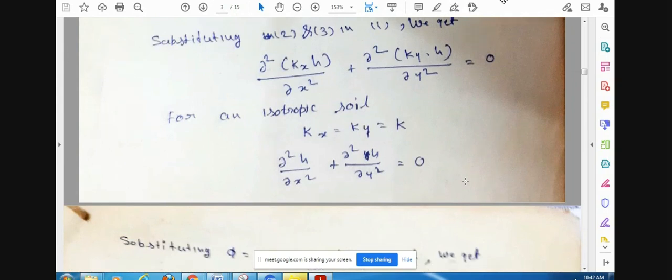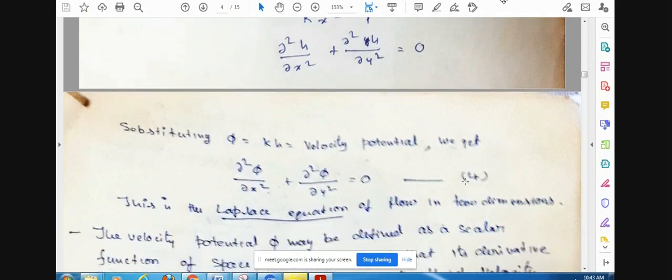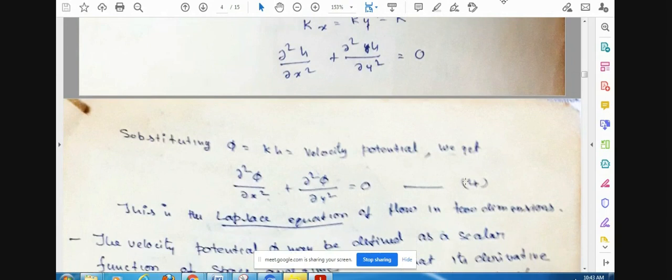Okay, so we know phi is the velocity potential, Q is equal to kh, that is the velocity potential. So this can also be written in terms of velocity potential, like dou square phi by dou x square plus dou square phi by dou y square.